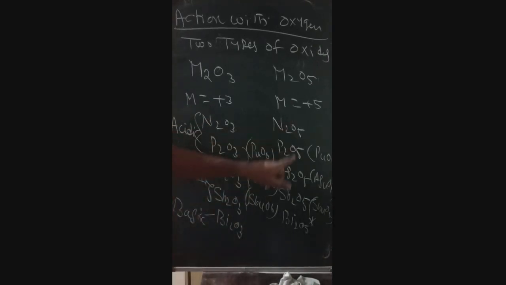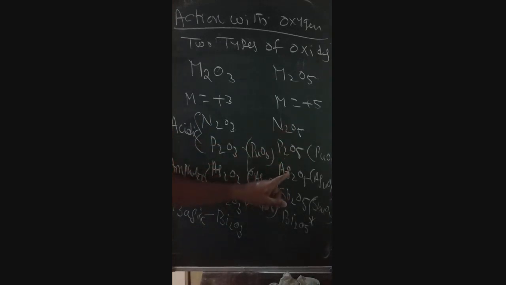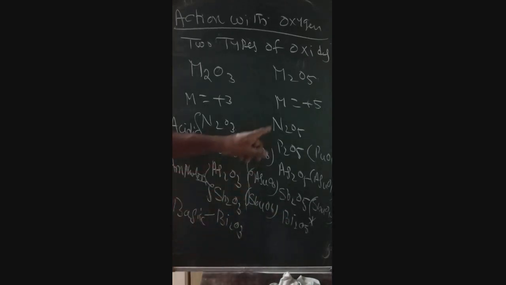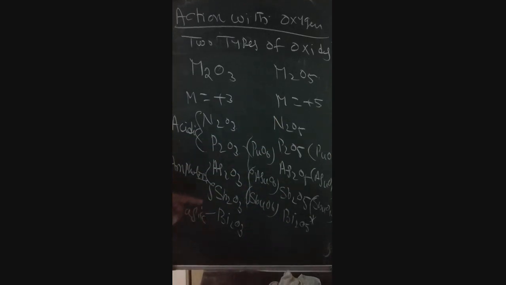The first two oxides are acidic, the next two are amphoteric, and the last one is metallic in nature. So acidic nature decreases, okay children, but basic nature increases down the group due to the change in the nature of the elements.